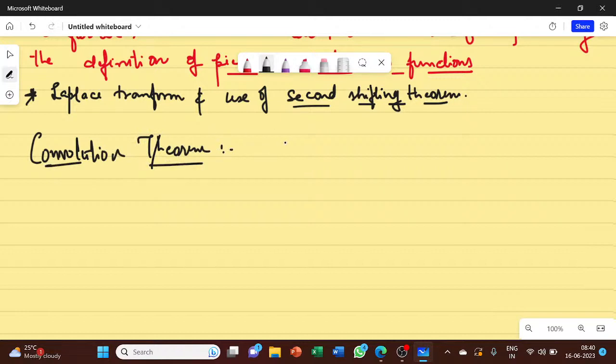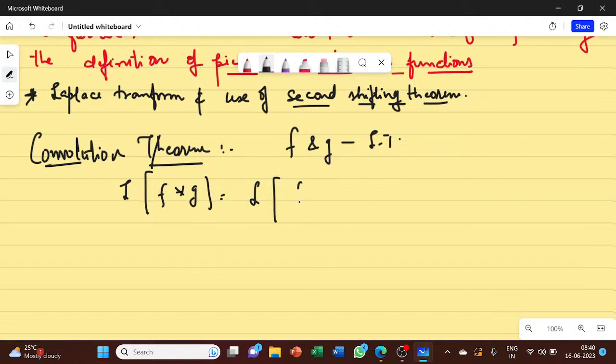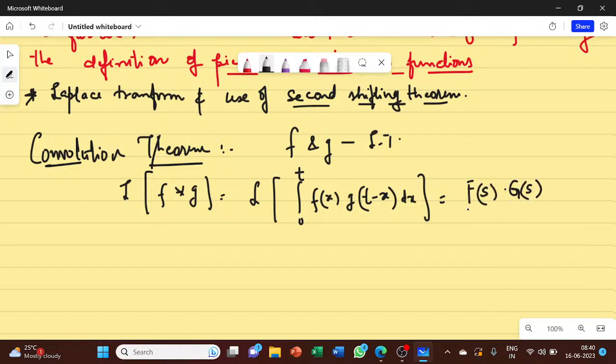So if f and g possess Laplace transform, if their Laplace transform is well defined, then the Laplace transform of the convolution of f and g, which is nothing but the Laplace transform of the integration from 0 to t of f of x into g of t minus x dx, is simply the Laplace transform of f into the Laplace transform of g.